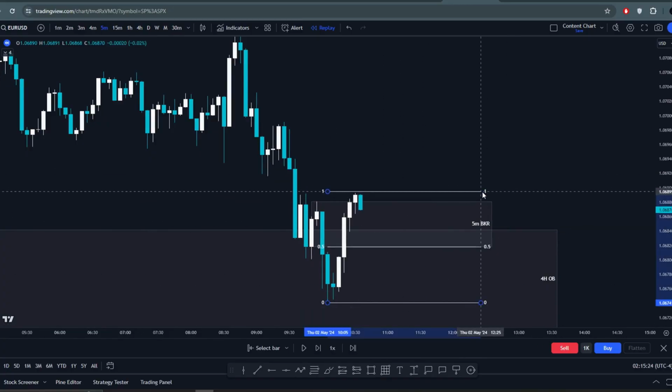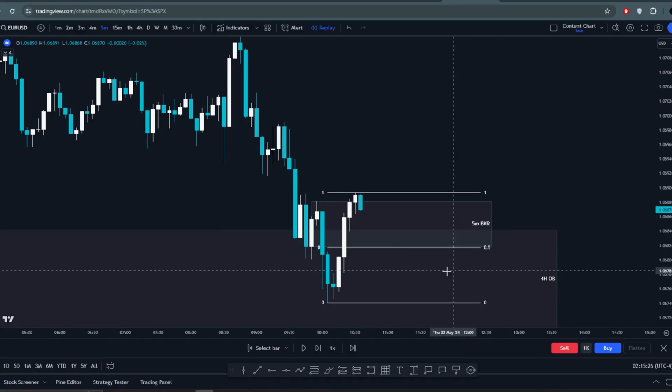We want to buy at the discount zone, not the premium zone. Of course, when you want to buy something, you want to buy it at a cheap, discount price. This is the discount price and this is the premium, or expensive, zone.